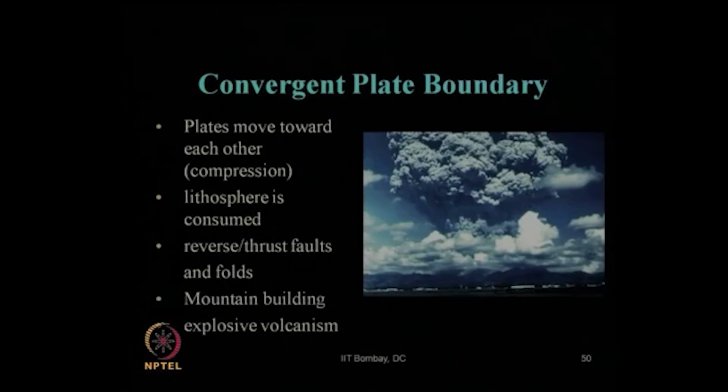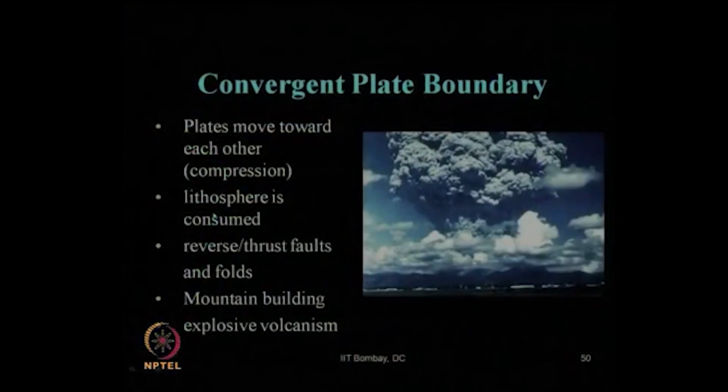In this case, whatever lithosphere or ground surface was existing gets consumed, meaning some part of it goes below the other plate. So, obviously, whatever was existing earlier goes inside now. It no longer remains as an open ground surface, it goes below. So, that is why it is said that in this process lithosphere is consumed.